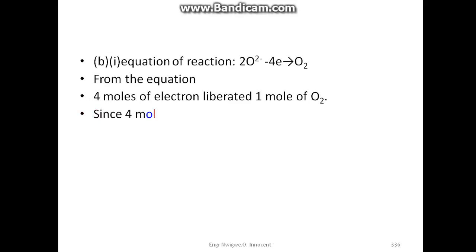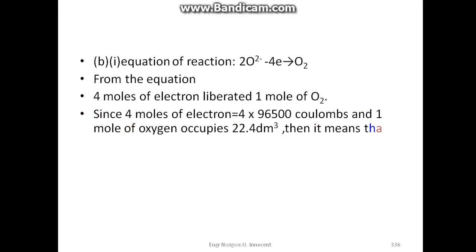Since 4 moles of electron is equal to 4 times 96,500 coulombs, and 1 mole of oxygen occupies 22.4 dm cube, then 4 times 96,500 coulombs liberate 22.4 dm cube of oxygen.